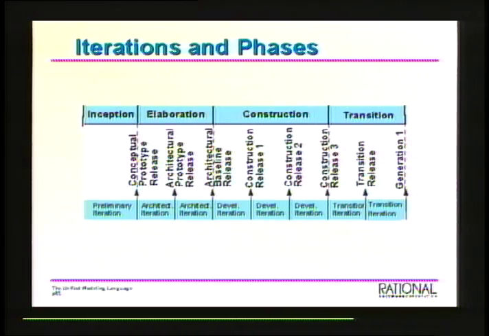You make a business case for the product. You can get an estimation of the costs. Later on, in the elaboration phase, you make a number of architectural prototypes, and before you leave the elaboration phase, you have designed the architecture of the system.